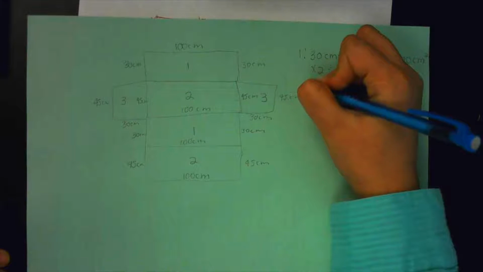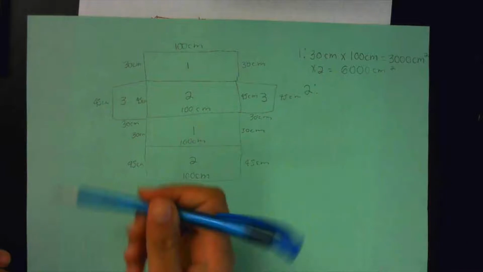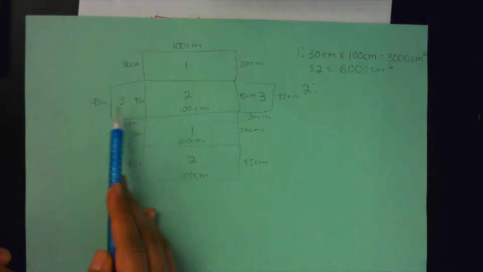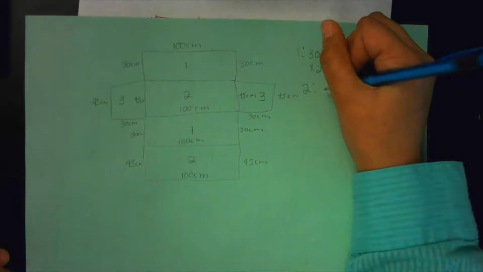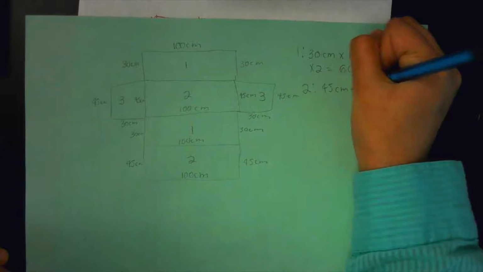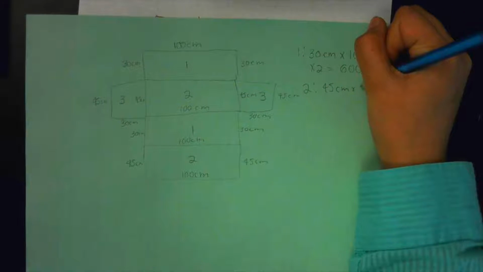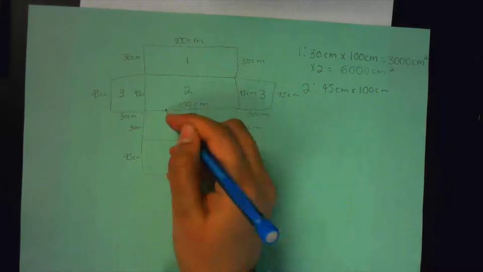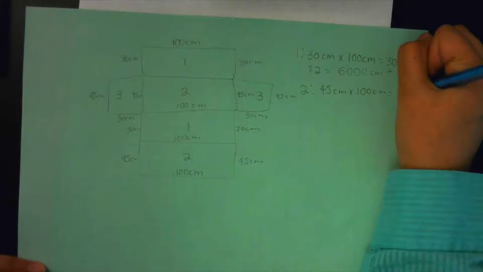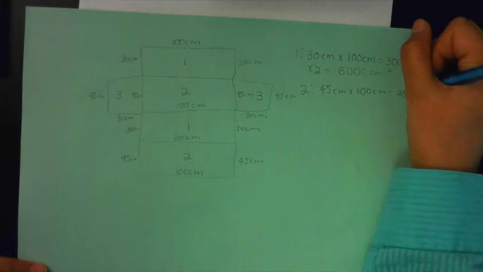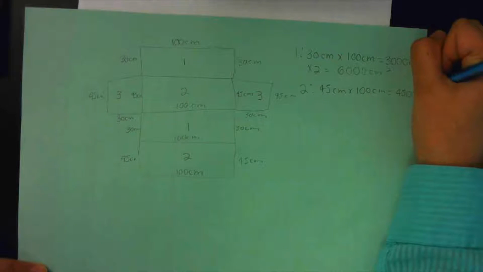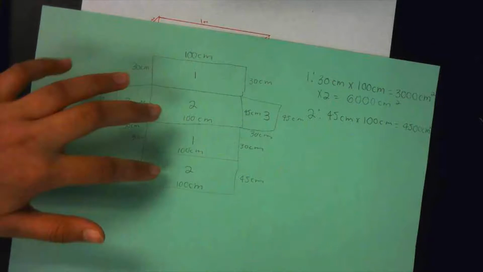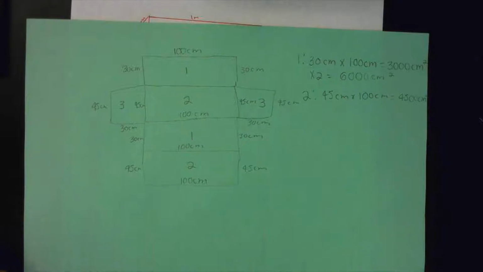So then the second face is not 30 centimeters, it's 45 centimeters because from here it's the same. So it would be 45 centimeters times 100 centimeters because the 100 is here on this line. And then we multiplied that by 2 because there's 2 of the same one.